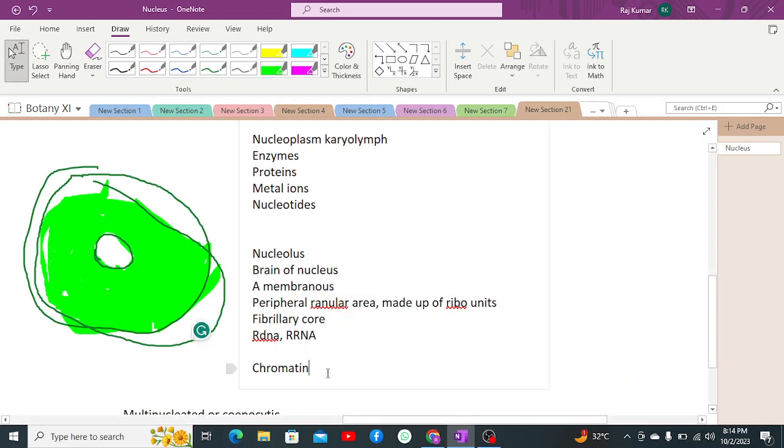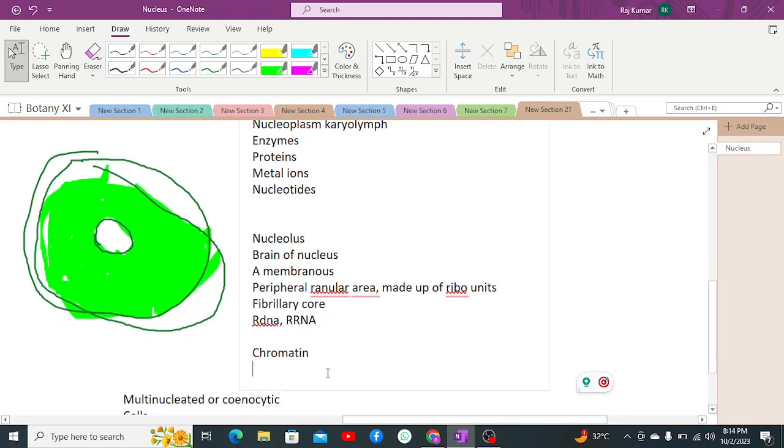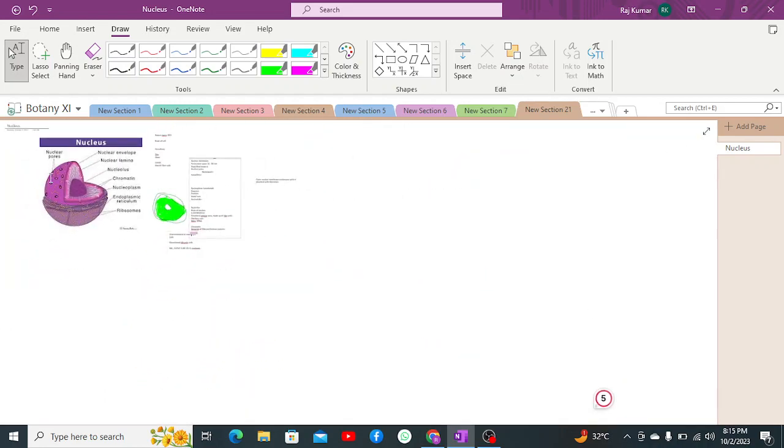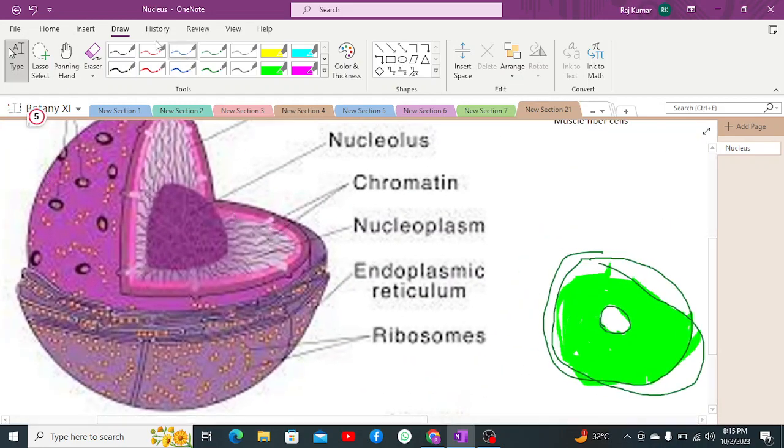Apart from which, when it comes to the third part, there is chromatin. Chromatin is a network of DNA and histone proteins. The structure can be showcased in such a manner that here there is the nucleoplasm, the endoplasmic reticulum continuous with the outer nuclear membrane, and the nucleolus, which is present in the center.